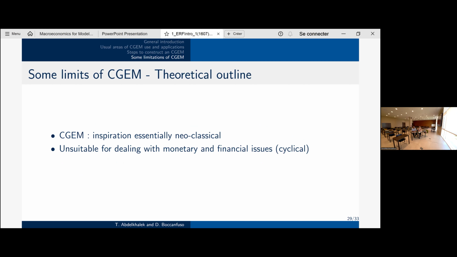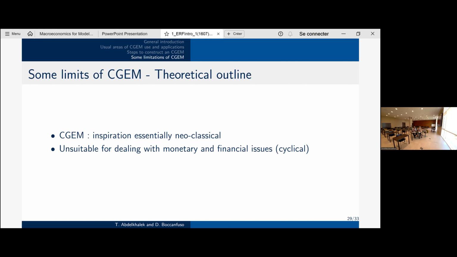We cannot deal with monetary or financial issues. If you are looking for a model where you want to use monetary policy or to see the impact of a monetary policy or financial issues, you cannot use a CGE model. Just to give you an example, it's a common mistake when you are using a CGE model.